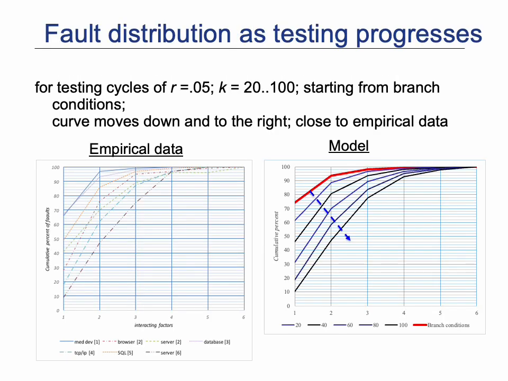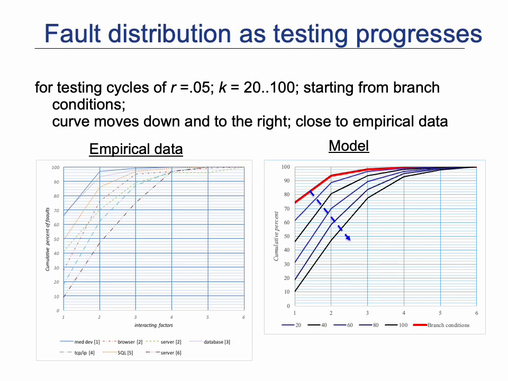So if we start with a distribution of faults that matches the distribution of conditions in code, which is the red line shown on the right-hand graph, and then we assume that our testing cycle is such that we remove the faults at a rate of 5%, r equals 0.05.